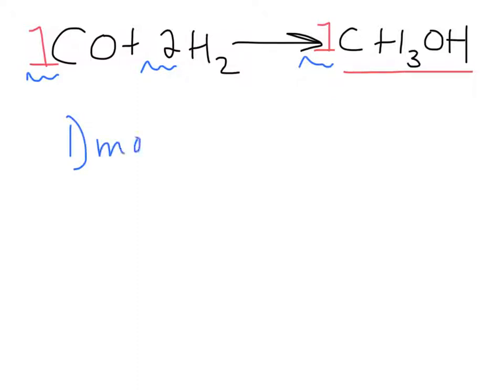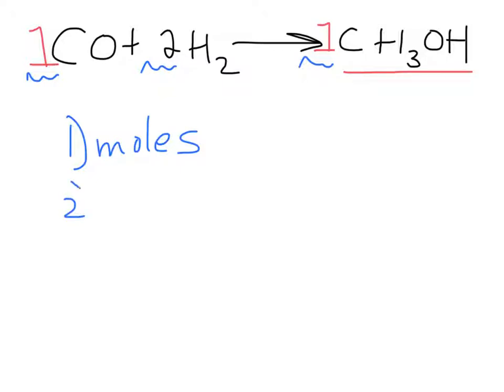First off, they can represent moles. In other words, we could say that 1 mole of carbon monoxide must react with 2 moles of hydrogen gas to produce 1 mole of methanol.